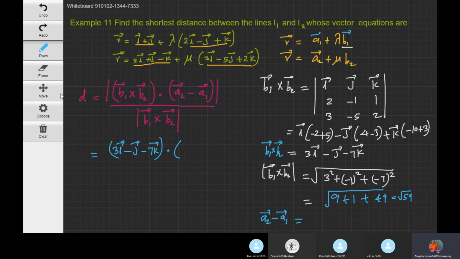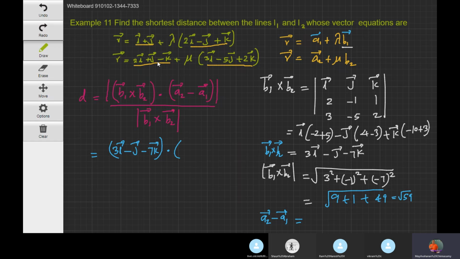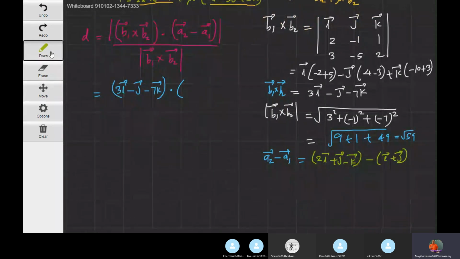You find it, substitute, and then find the dot product. A2 is 2i plus j minus k. This is your A2 vector. Minus, what is the A1 vector? I plus j.